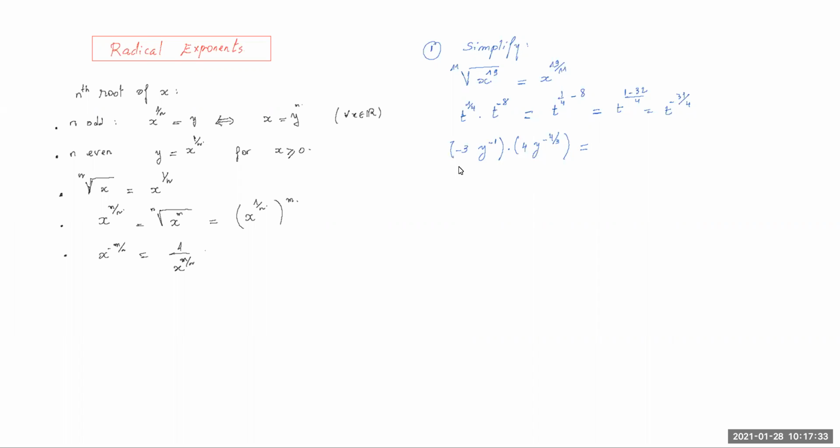Inside the parentheses everything is written, but globally I can simplify by regrouping the numbers: minus 3 times 4, and regroup the powers, y^(-4/3). That gives minus 12, and then I add the powers: y^(-1 - 4/3). Reducing to the same denominator, I get my final answer, -12 y^(-7/3).